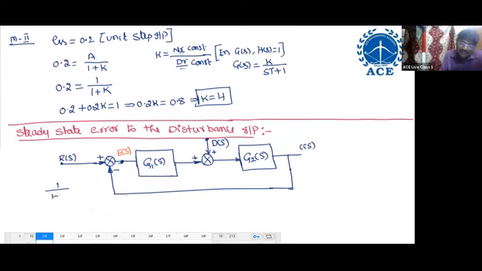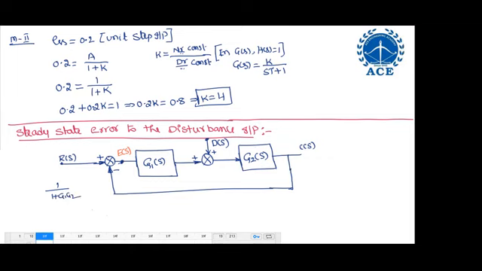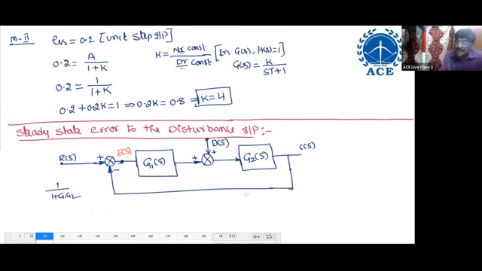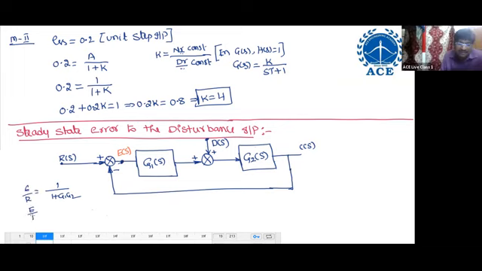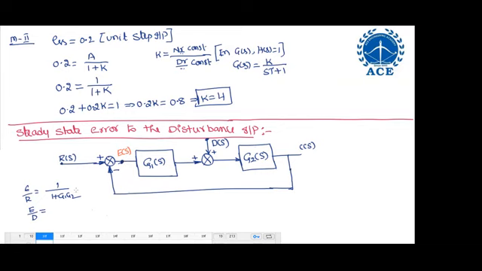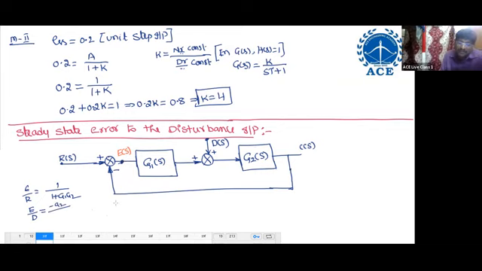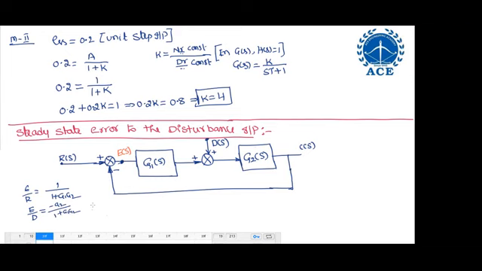Yes, sir, so 1 plus G1 G2. Similarly, E(s) by D(s) you find as minus G2 by 1 plus G1 G2. This is E by R, now find E by D. What is the path gain from D to E? G2 into minus 1, so minus G2, divided by the loop gain term, same 1 plus G1 G2. Okay, sir. That's all.